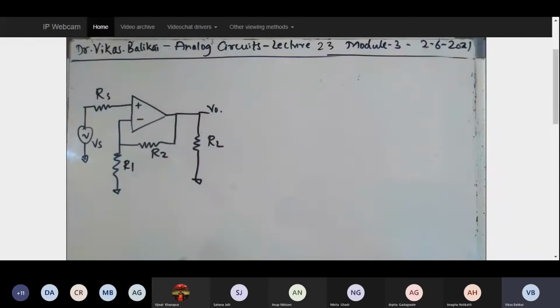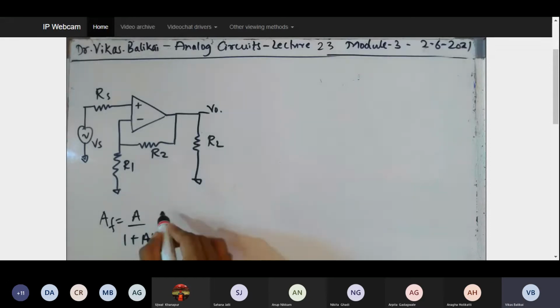If you remember, the very first concept we derived was the general feedback structure. We tried to understand how exactly the feedback structure looks, and finally we obtained AF is equal to A divided by 1 plus A beta as the gain expression.